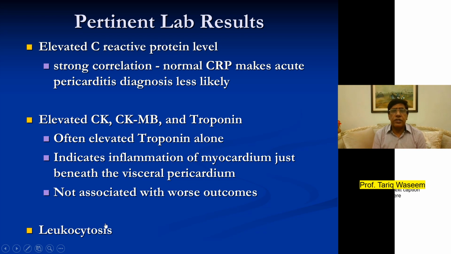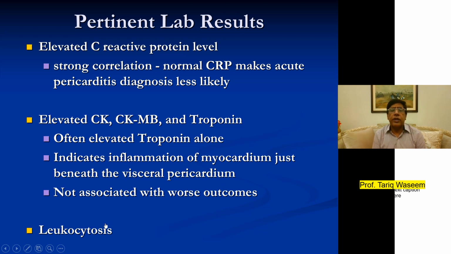The other ancillary lab investigation which can help is an elevated C-reactive protein level, which is an inflammatory marker having similar significance as ESR. Sometimes you may have some slight elevation of CPK or CPK-MB and troponin, but mostly these would be in those patients who have coexisting myocardial infarction along with it.